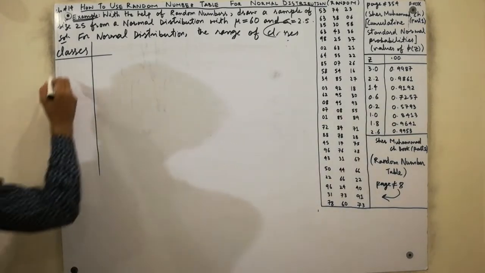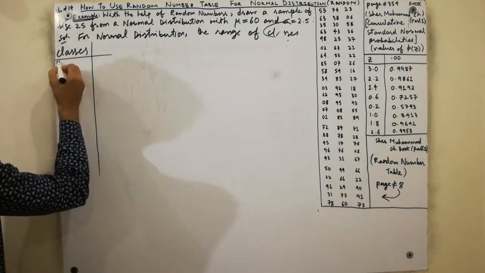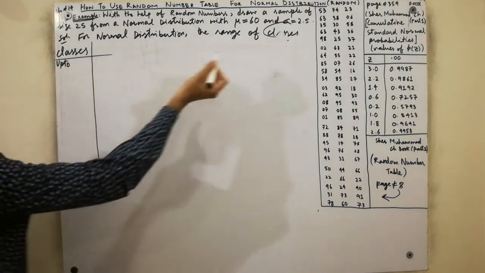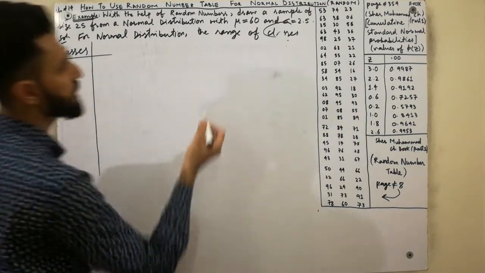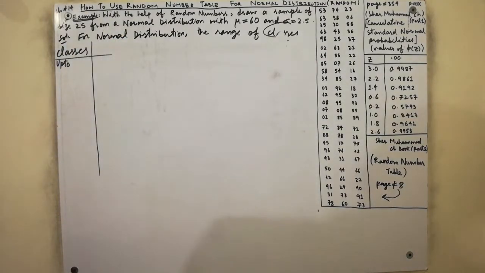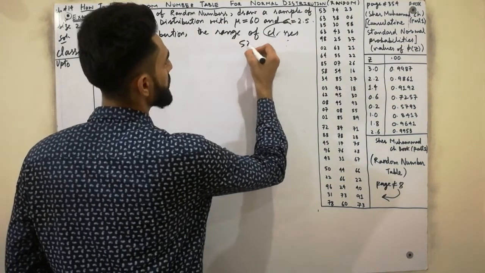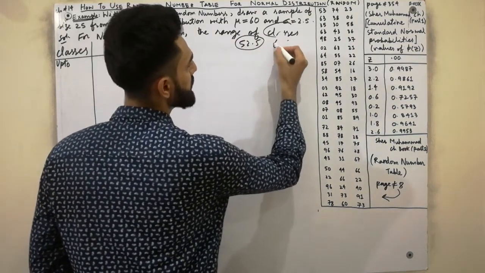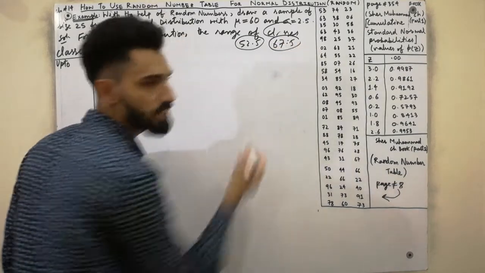Very simple step. First of all, I will write the given values: 52.5 is the lower value and 67.5 is the upper value.